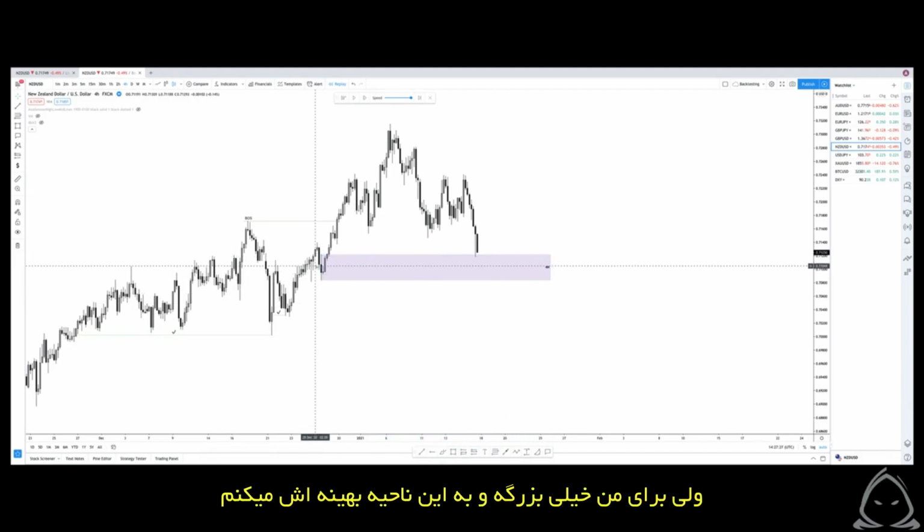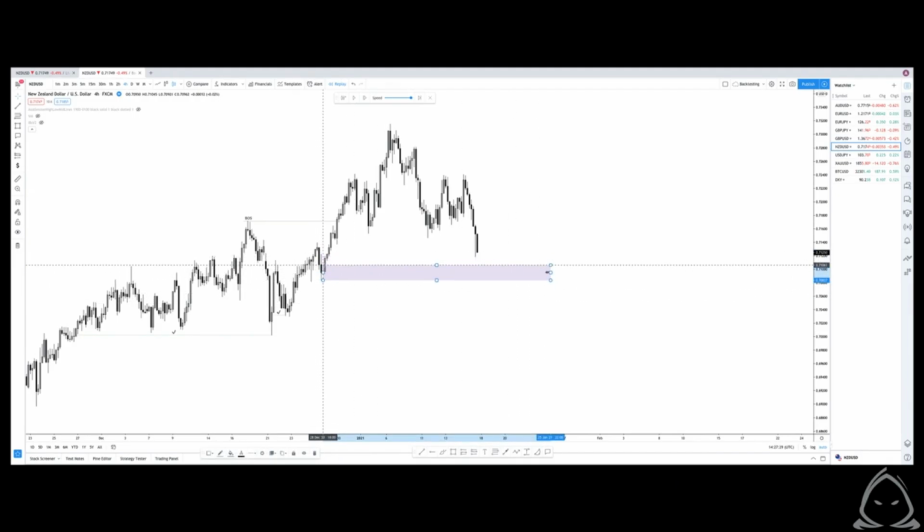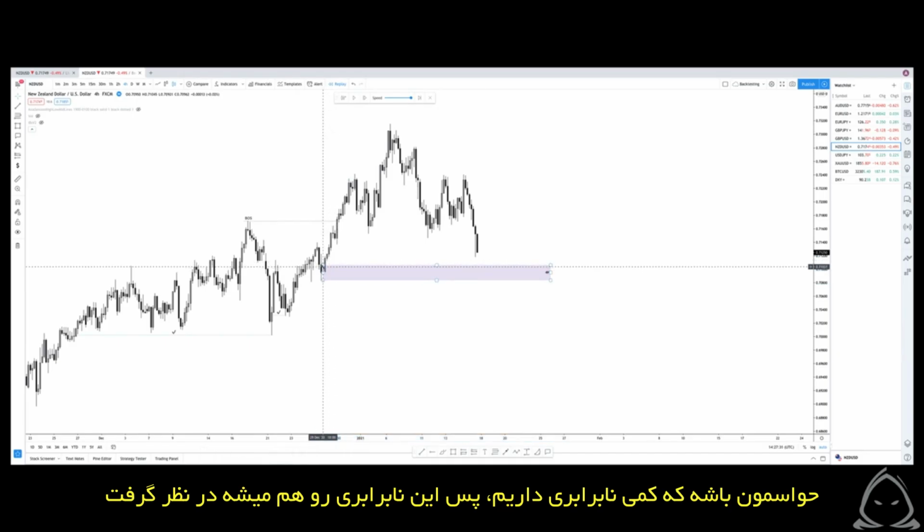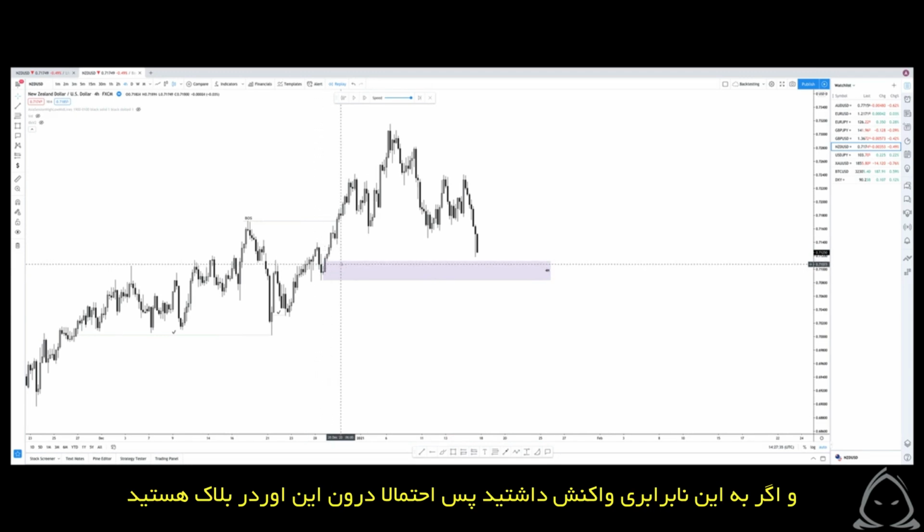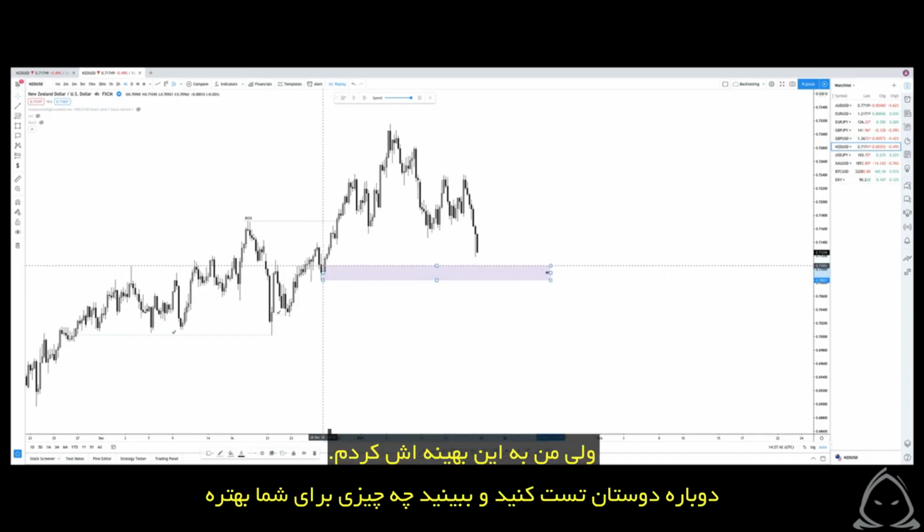But for me, that's just too big. I'll refine it to this little area here. Mindful, of course, that we do have some imbalance. So you could just put this to the imbalance there. And obviously, if you've got a reaction simply off this imbalance, you are potentially inside this order block. But I've refined it to this one. Again, test this, guys, see what works for you.